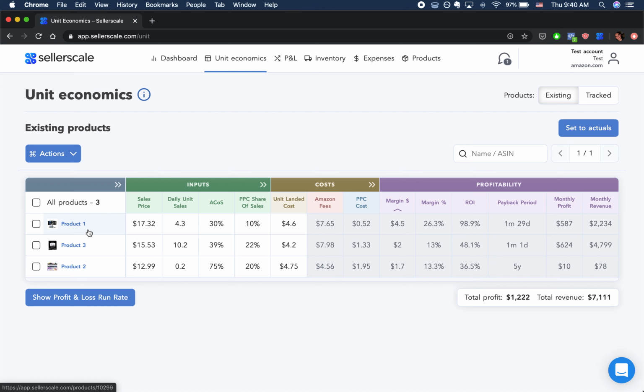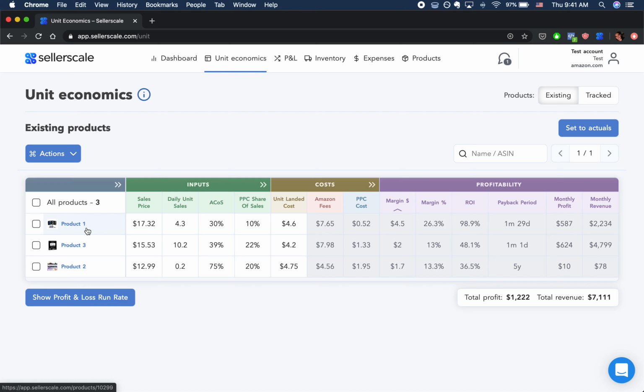So not only do you now have aggregate profitability data about this product by looking at the dashboard and maybe some historical figures, but also unit level profitability, ROI, and all the other inputs and outputs. But here's where it gets really interesting.